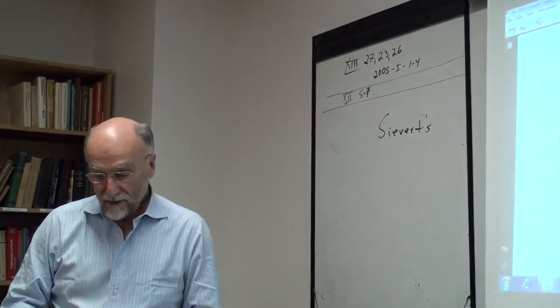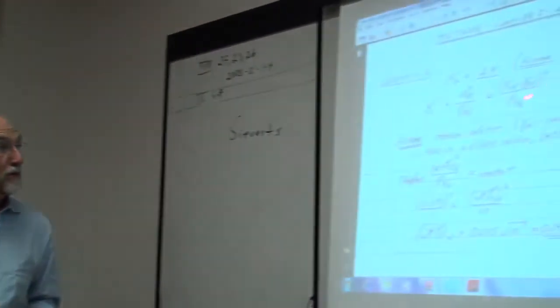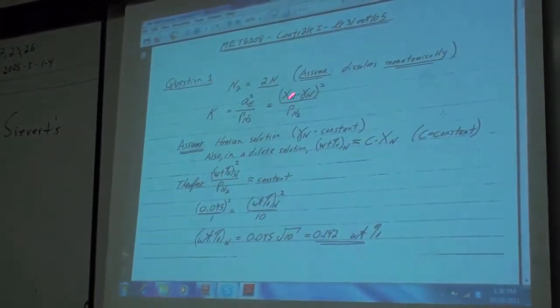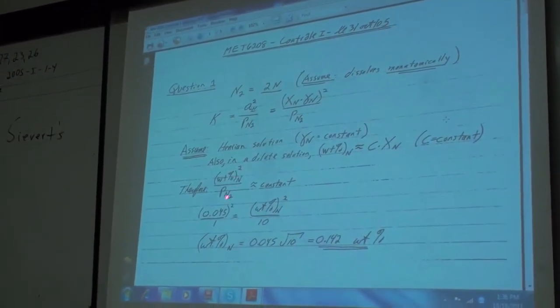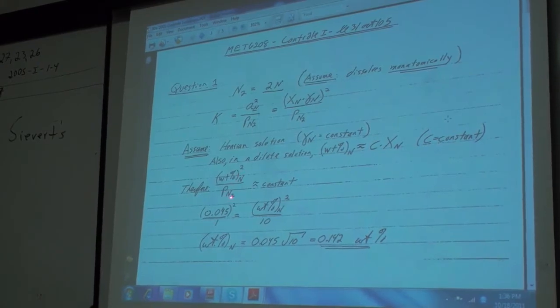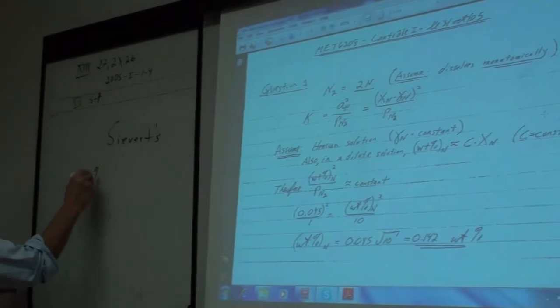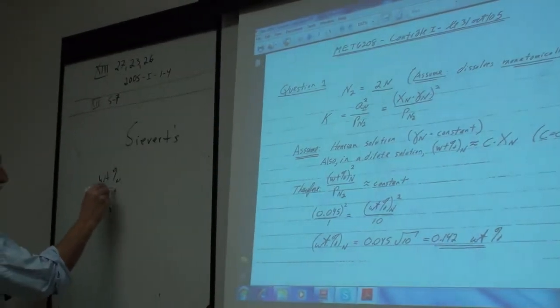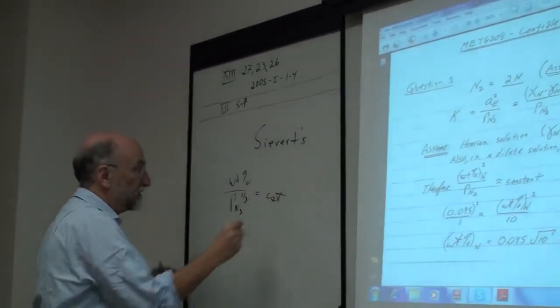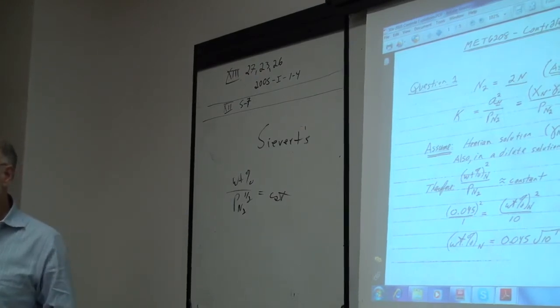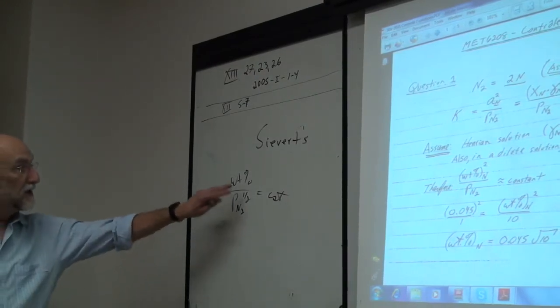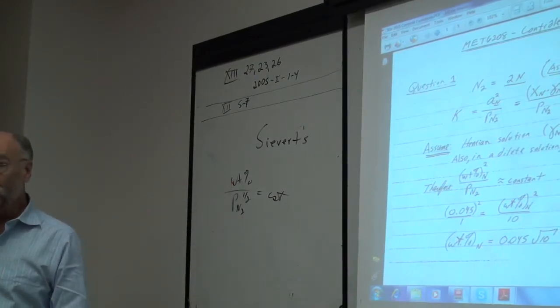Sievert's law is that the weight percent or the mole percent, doesn't matter, in a dilute solution, varies as the square root of PN2. Or we could do it the other way: weight percent over PN2 to the 1/2 equals a constant. So the weight percent varies as the partial pressure to the 1/2 if the diatomic gas dissolves as a monatomic gas.